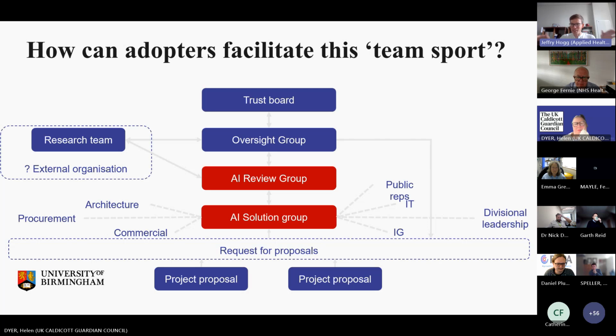And across the organization, all AI activity goes through them or they have visibility of it. Coupled with a bit of a flying squad, an AI solution group that brings together the specialist expertise, which is very varied, including information governance, IT, commercial, digital teams, and clinical teams to deliver on these projects responsibly. If we go to the next slide.